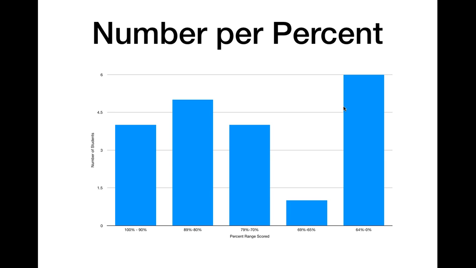So from the test, 4 students had A's, 5 had B's, 4 had C's, 1 had a D, and then 6 failed the test. Typically, you want to see a nicer bell curve there. The top 3 there had a bell curve, and then there were, like I said, probably a couple outliers down there at the failing mark that brought that average down dramatically.